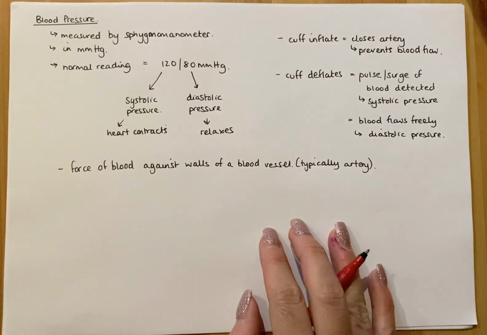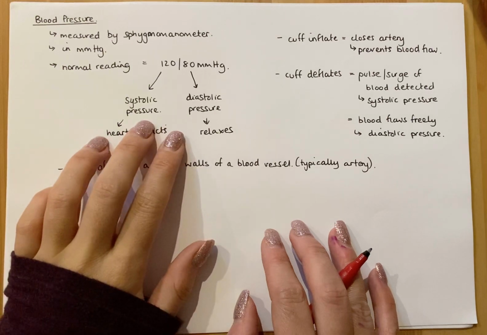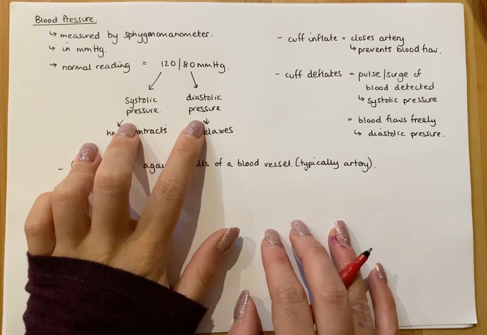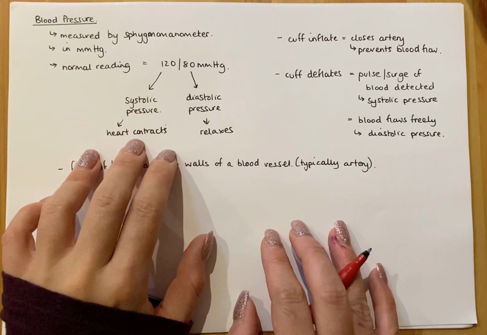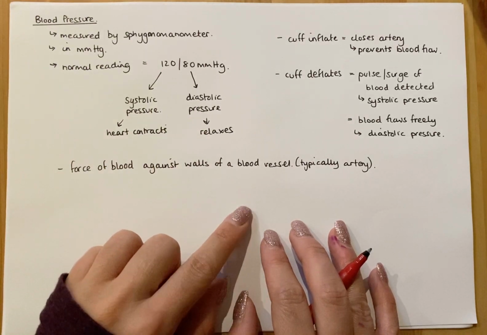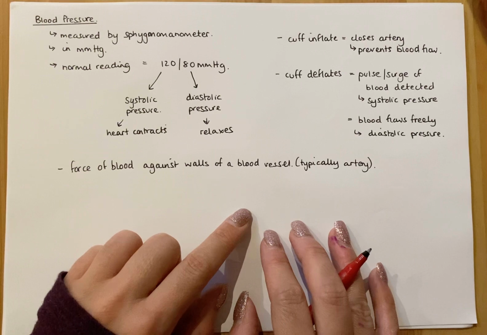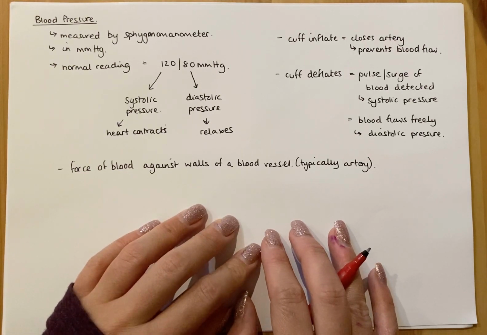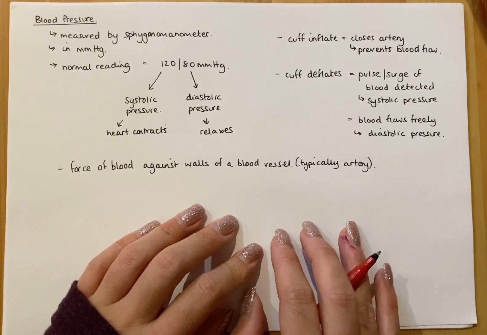In terms of questions that would come up, it would be what a normal reading would be, or describing what the two numbers mean. That'd be systolic pressure, or the heart contracting, and the lower number would be diastolic pressure, or the heart relaxing. And that sums up everything from the cardiac structure and function of the heart.